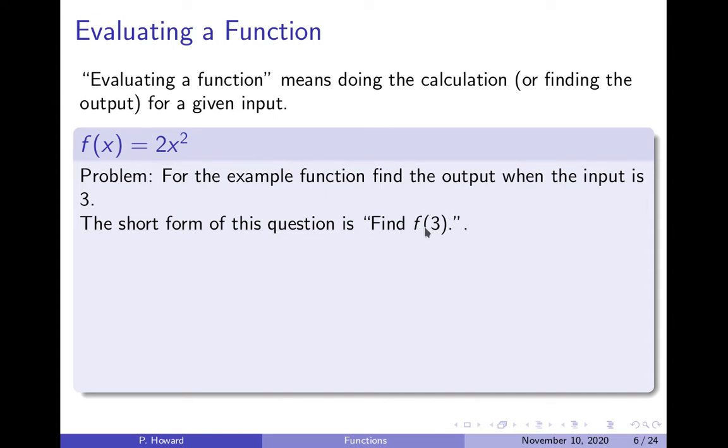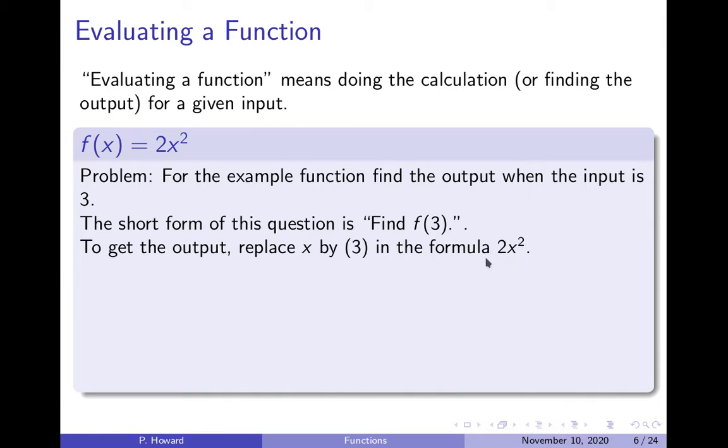Remember, if f is a function, then f followed by 3 in parentheses means the output when you use the rule for f with 3 as the input. And what do we do? We simply replace x by 3 in parentheses in the formula for f.